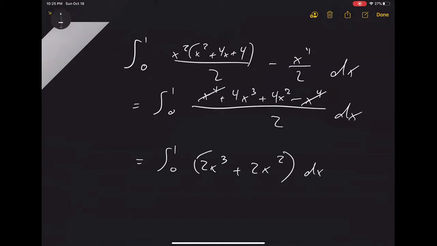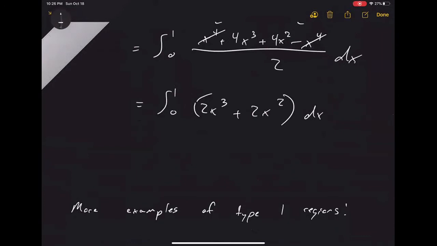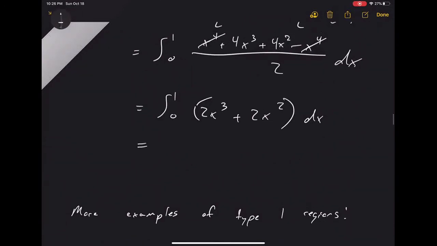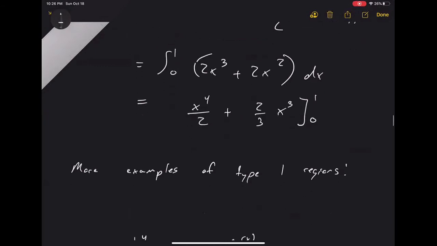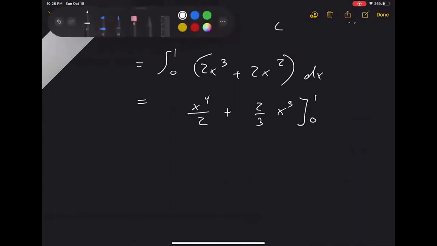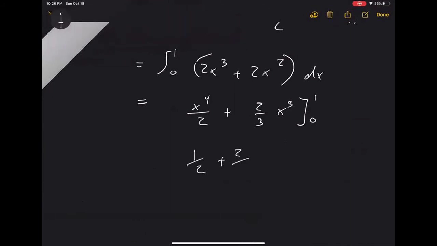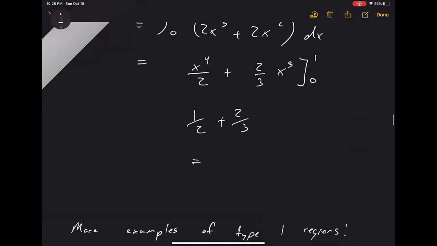Now I have this integral, and it is just an integral of x, and that's easy to solve. That's everything we've been doing in Calc 1 and 2. And now evaluating this integral, I have 1/2 plus 2/3, which is equal to 5 over 6.